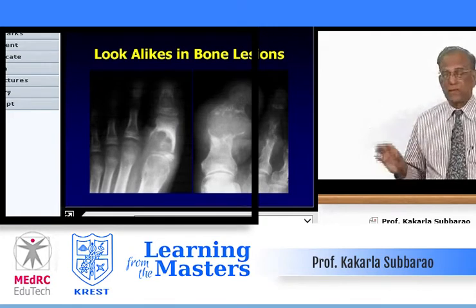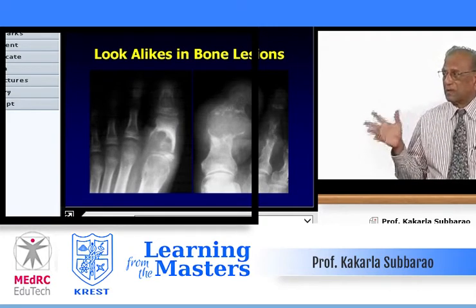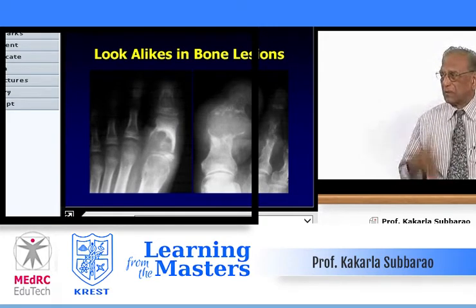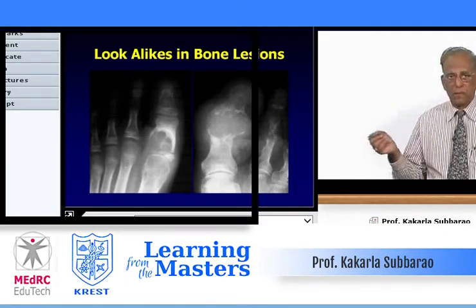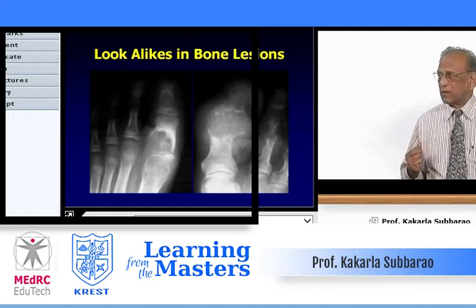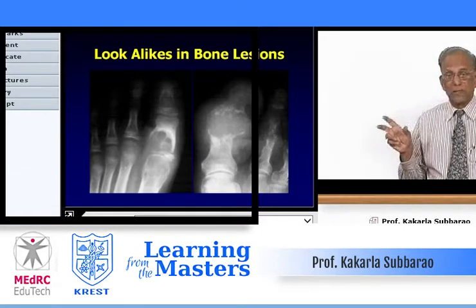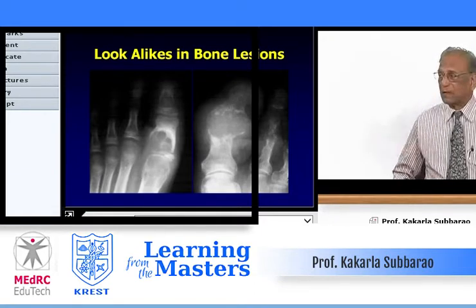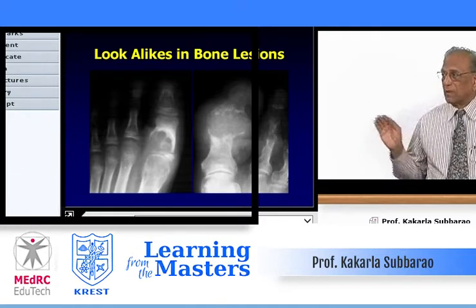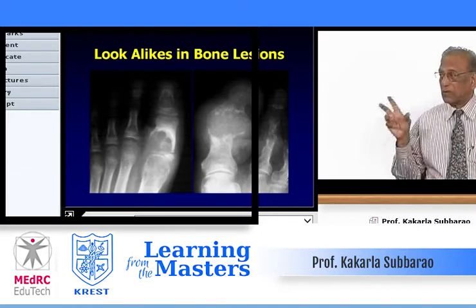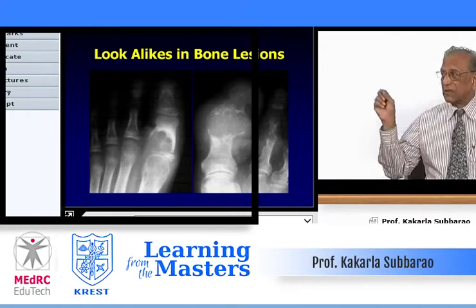The one on your right side, obviously he's an adult because epiphyses are closed, maybe minimal osteoarthritic changes are noted at the first metatarsophalangeal joint, and then it is also expansile, similar to the one that you saw in the child. And the margins are eroded, soft tissue swelling is there, calcific densities are noted.